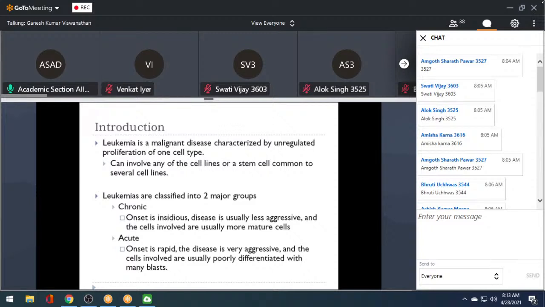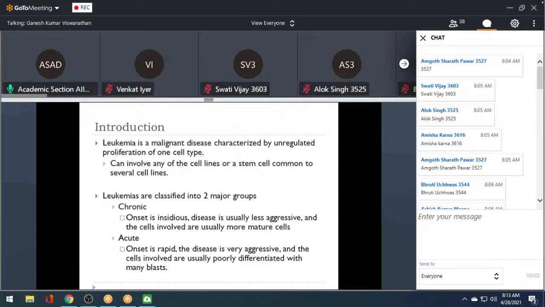Mainly, leukemias are classified into two different types: chronic leukemias and acute leukemias. Basically, this reflects the cell from which they arise or the behavior of the cell. Acute leukemia is rapid in onset. The patient will present to you within days or at the maximum weeks after the disease has started, whereas in chronic leukemia, the onset is slow and insidious.